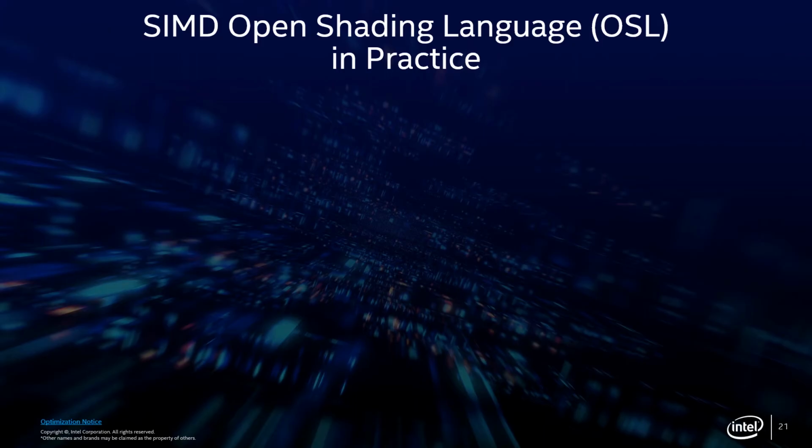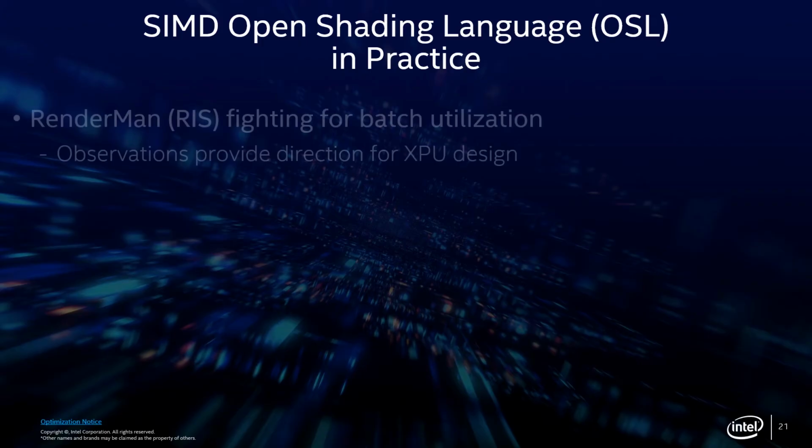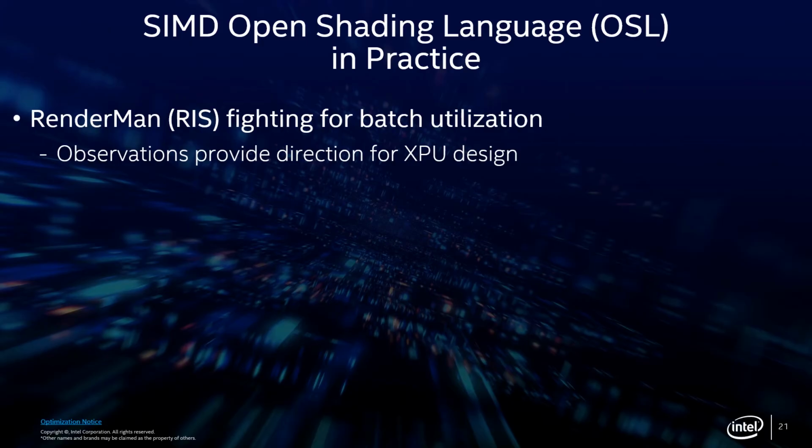RenderMan RIS and XPU both can utilize the SIMD version of the Open Shading Language. Despite being a batch renderer, RIS was always fighting for batch utilization. Executing 16 data lanes at a time when the lanes are not full can limit speedups. Observations of the RIS performance inform design decisions for XPU's architecture.